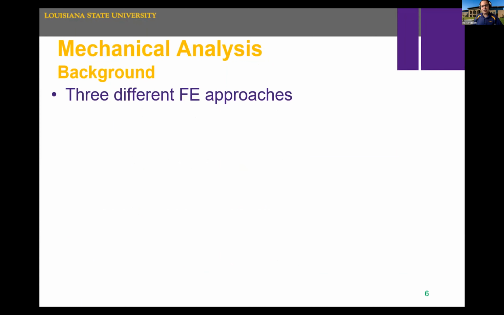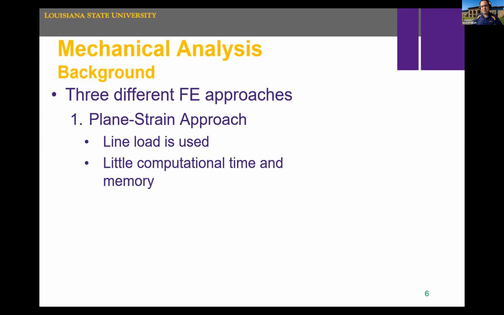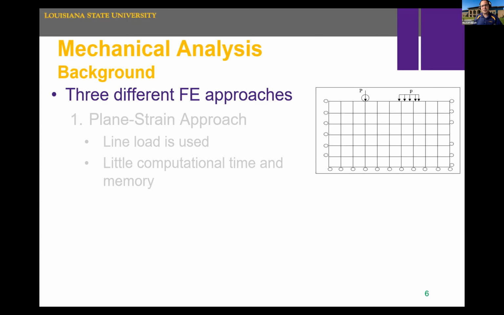So you can analyze the pavement using three main approaches, some of you probably already know about that. So the plane strain approach has been used for quite some time because it's relatively simple. It's shown here. We neglect the third dimension in the analysis. And again, we assume that the load is represented by a line load.